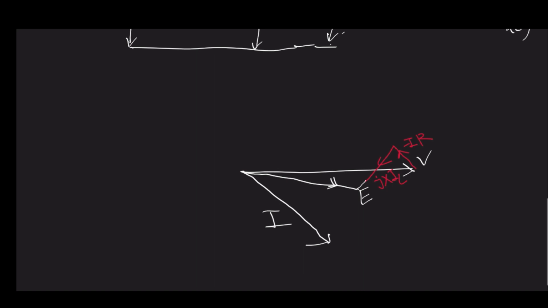Now, if you further subtract, this is our E. If you further subtract minus jXasI, then you will have what?